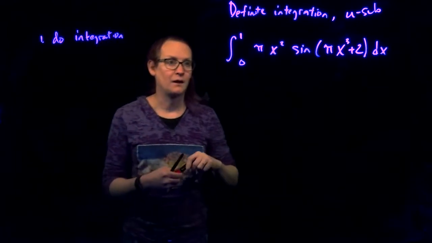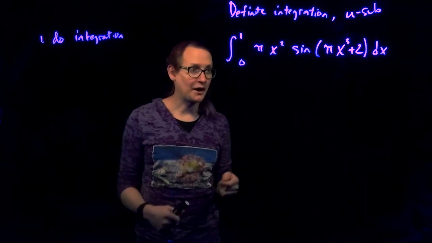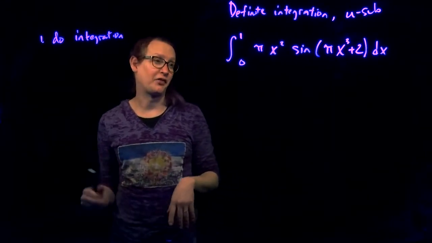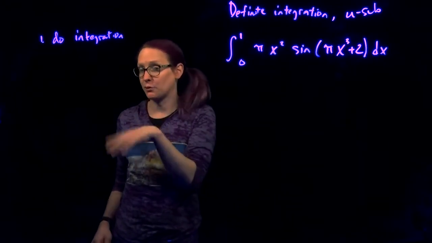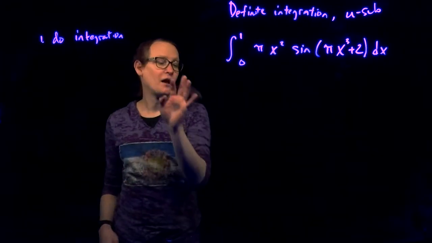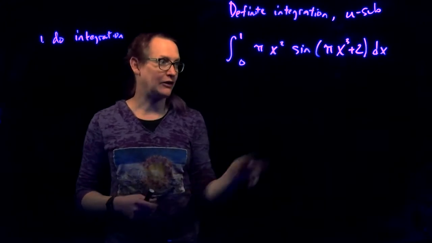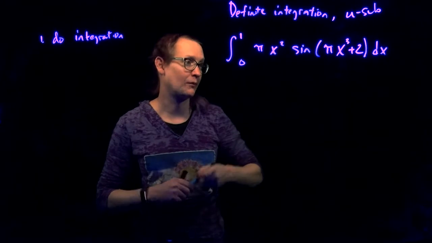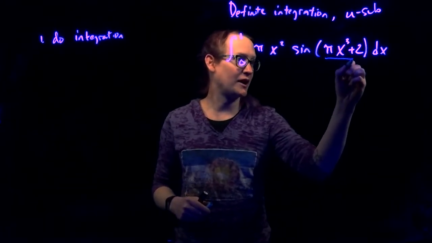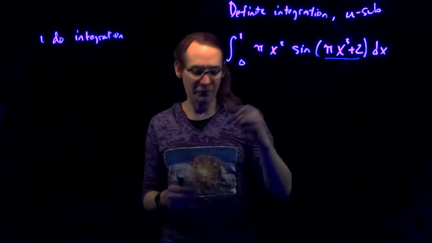Okay. So let's go ahead and do that. I think that u should be the thing inside. And we're going to take the derivative of it and then hopefully see its derivative or a scaled factor of it somewhere on the outside. I see stuff inside of a sine, and so I'm going to let the stuff inside of here be my u.